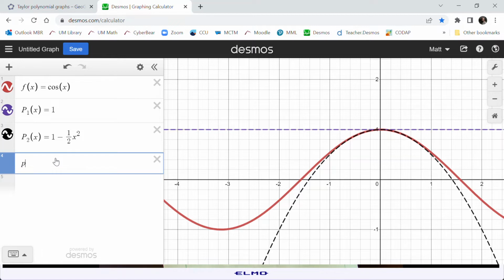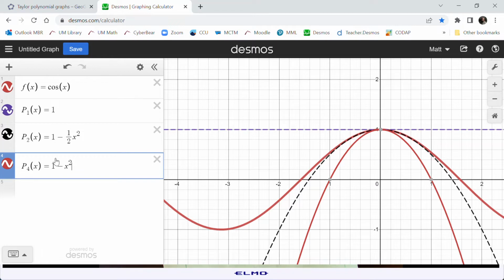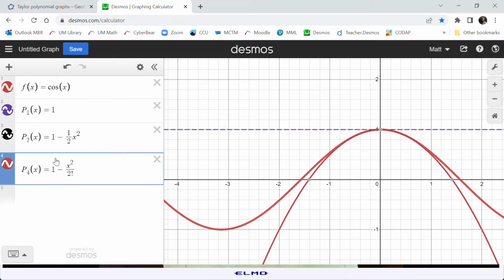Nothing interesting to plot there, but let's do p sub 4 of x, and we were told that that's equal to 1 minus x squared divided by 2 factorial plus x to the 4th over 4 factorial.